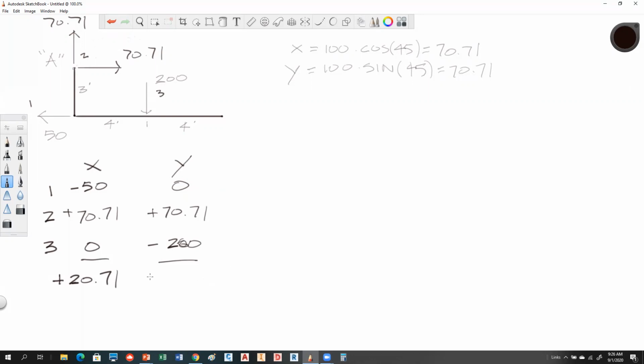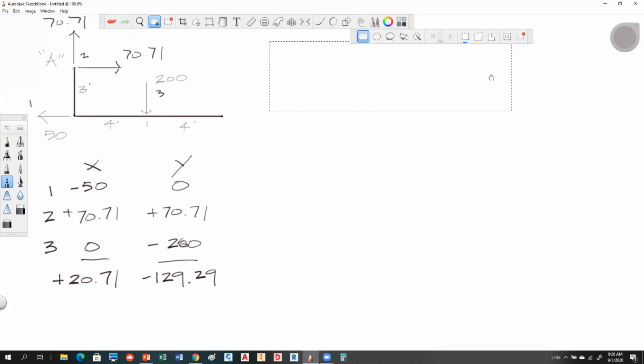So this gives me a negative 129.29. Okay, so this is giving me the x and the y components of the vector that's coming down through here. So we're going to come over here, and like I've told you before, you want to draw a picture of what's going on here so you can resolve everything. Otherwise, it's going to be hard to do.